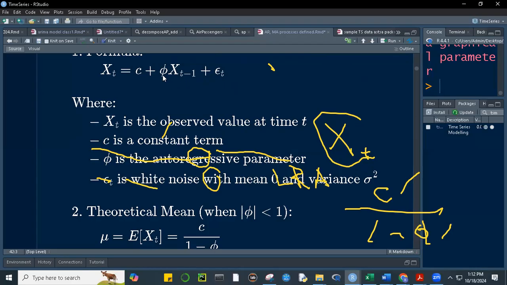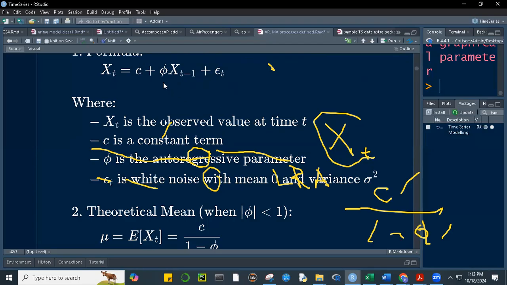Of course, it cannot be 0, class. Because if this is 0, then it ceases to be an AR process because you're not anymore able to regress your time series on its past value. If this is 0, class, then that means no effect. X sub t minus 1, the lag 1, cannot explain your X sub t.